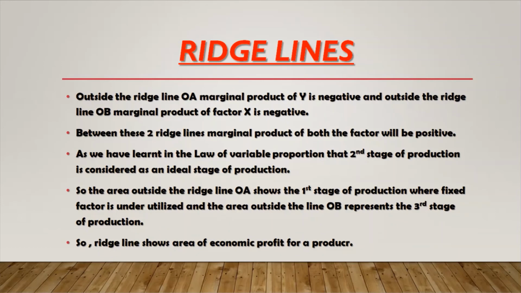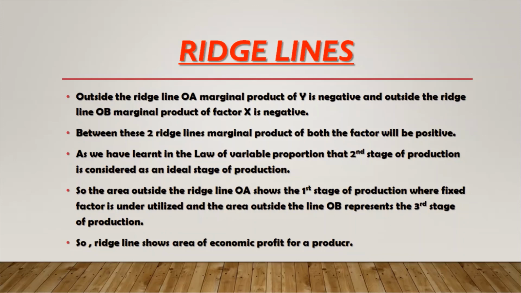Outside the ridge line OA, marginal product of Y is negative, and outside the ridge line OB, marginal product of factor X is negative. Between these two lines, marginal product of both the factors will be positive. As we have learned in the law of variable proportion, the second stage of production is considered the ideal stage of production, and between these two lines there is the second stage of production.